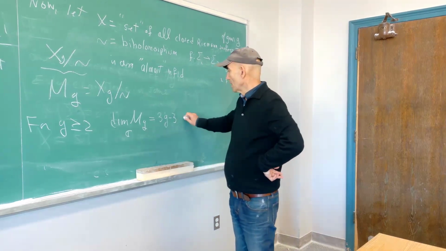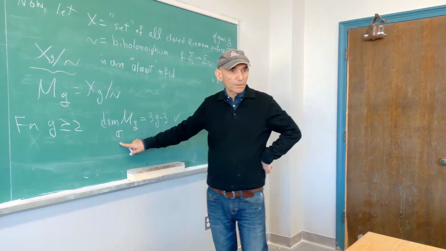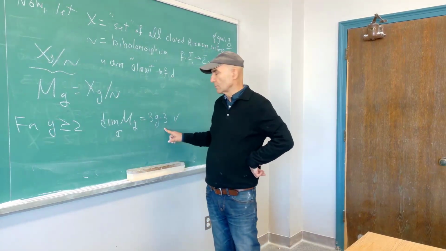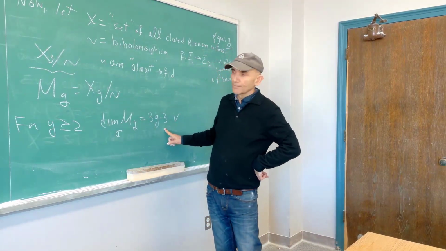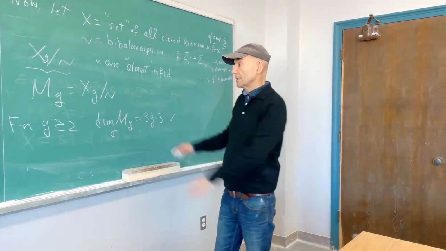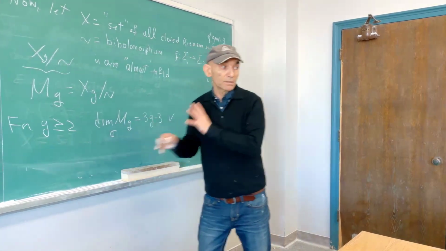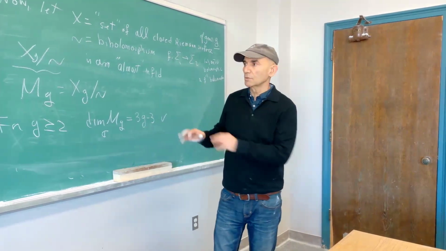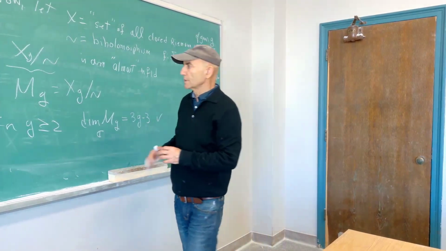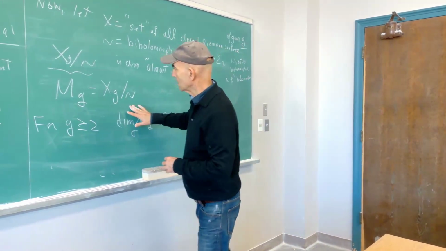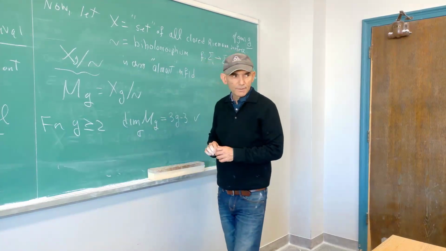Okay. So this is the dimension over complex numbers, and over real numbers, we multiply this by 2. To see this, we have to work hard. I mean, we're not going to prove this, but this is the thing.